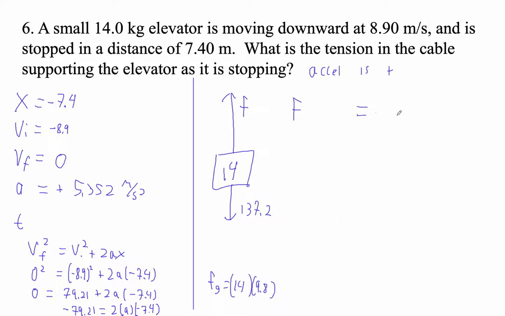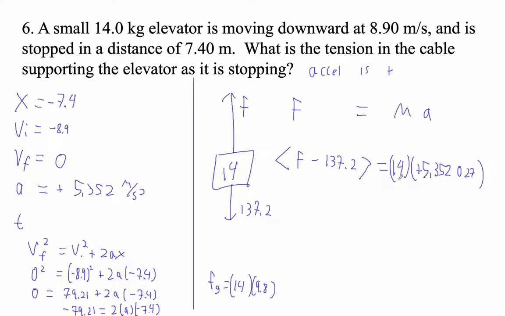So we're just going F equals ma. And the forces are F, some unknown force, minus gravity, equals 14 times a. Oh, we did figure out a. There it is, positive 5.352027, etc. All those numbers, right?